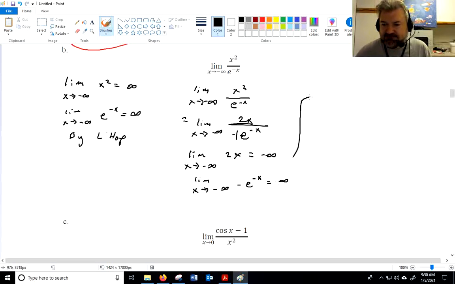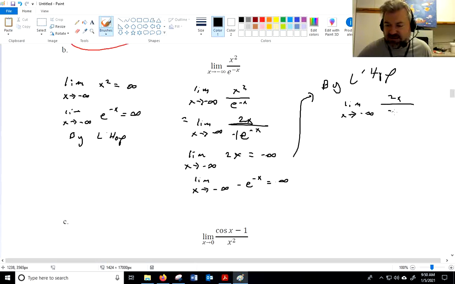So again, by L'Hopital's, I know that the limit as x approaches negative infinity of 2x over negative e to the negative x must actually be the same, if it exists, as the limit as x approaches negative infinity of the derivative of the top, which is 2, over the derivative of the bottom.